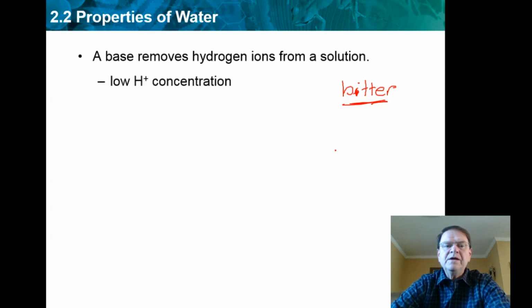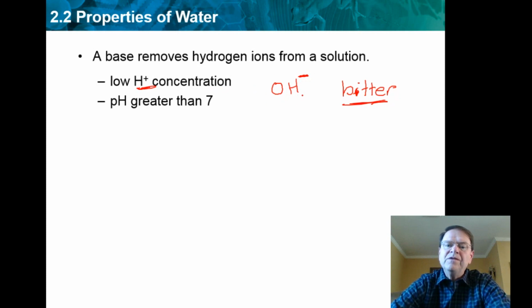And so what these substances do is they remove those hydrogen ions. They lower the hydrogen ion concentration, and it's going to cause the pH to come back up. And the reason why, if you think about the water molecule, it's made out of a hydrogen, an oxygen, and another hydrogen. Well, if we take this hydrogen over here, and we bond it to this other molecule known as a hydroxide ion, we get water, don't we?